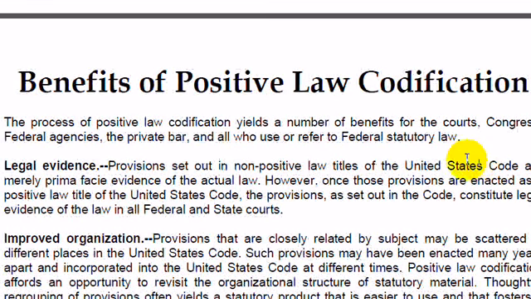The process of positive law codification yields a number of benefits for the courts, Congress, federal agencies, the private bar, and all who use or refer to federal statutory law.